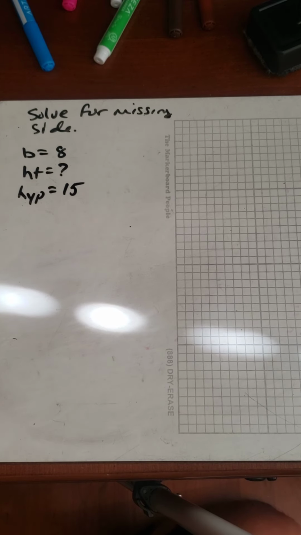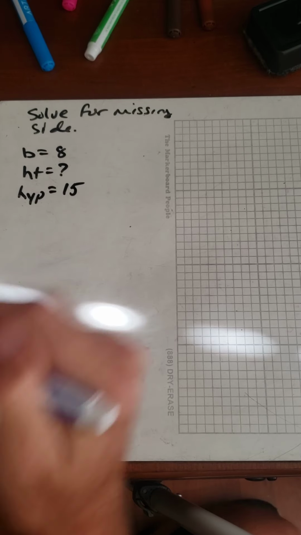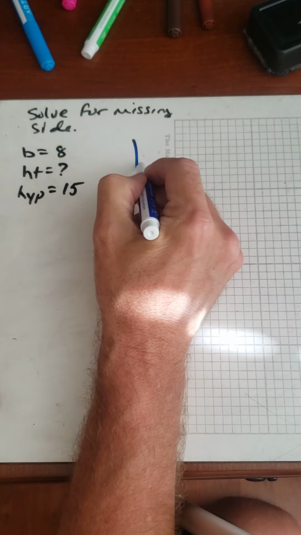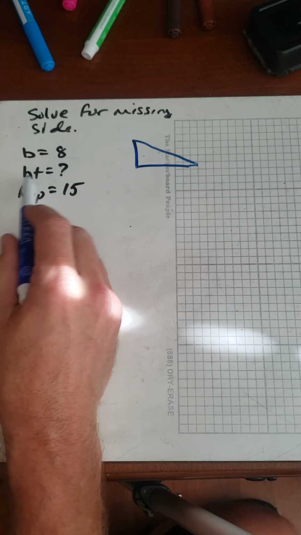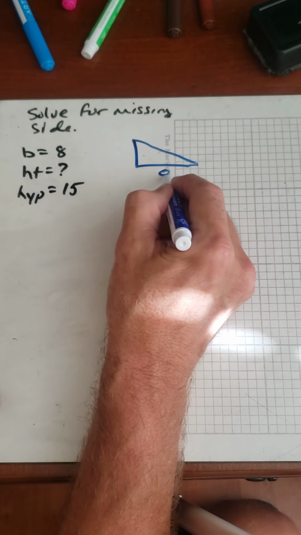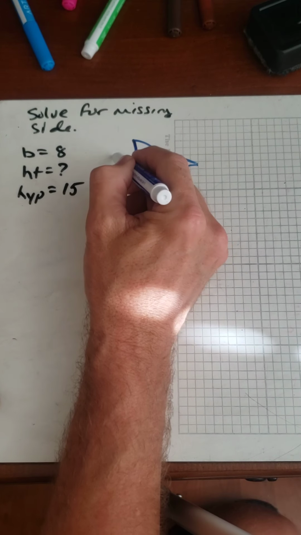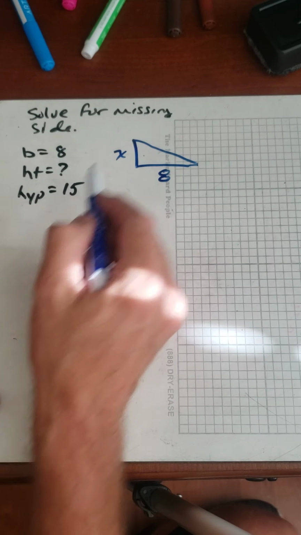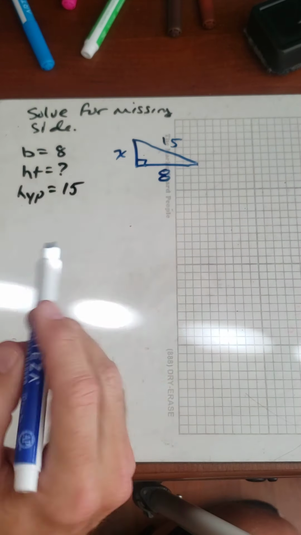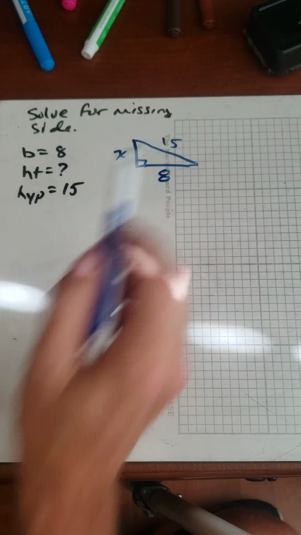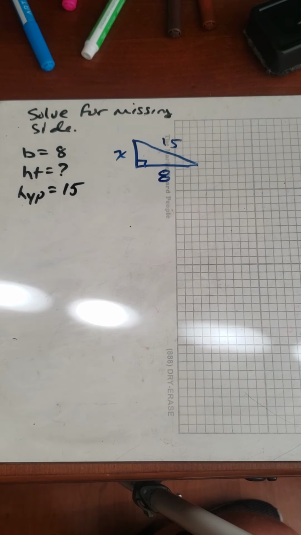So I'm always going to draw a quick picture because it's super helpful for me to see what I have and where the stuff is. What I'm given from my problem is a base of 8, the height I don't know, and the hypotenuse is 15. Okay, so there we go.